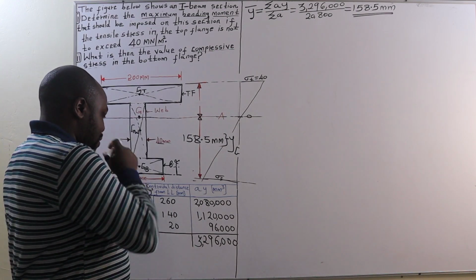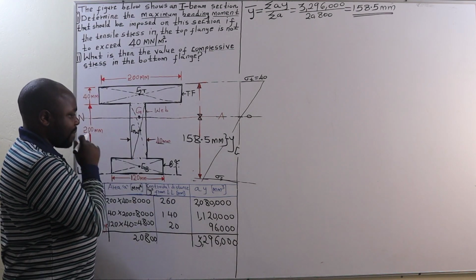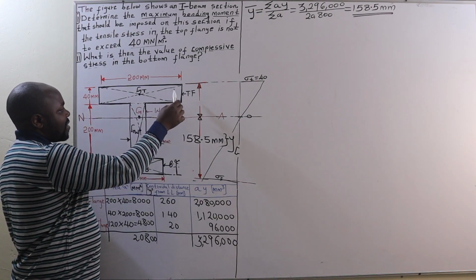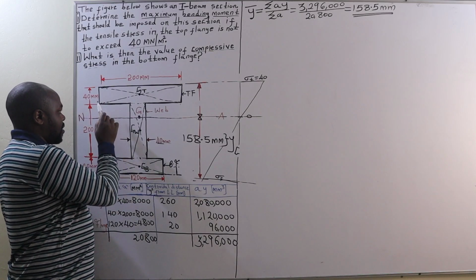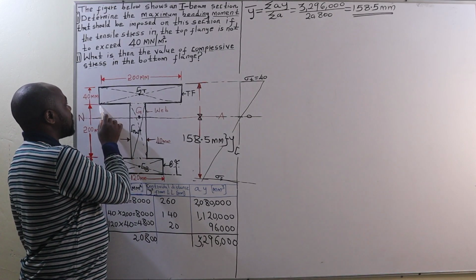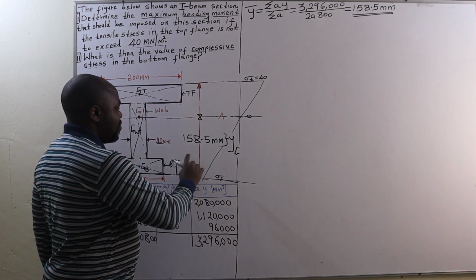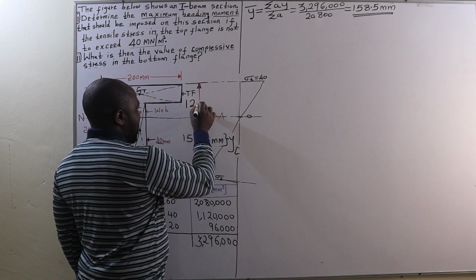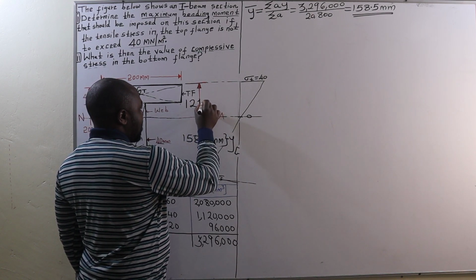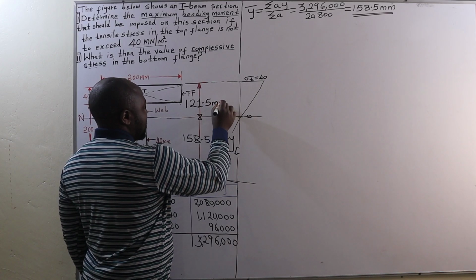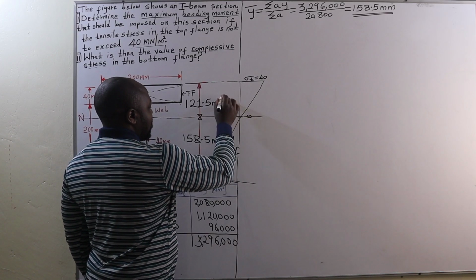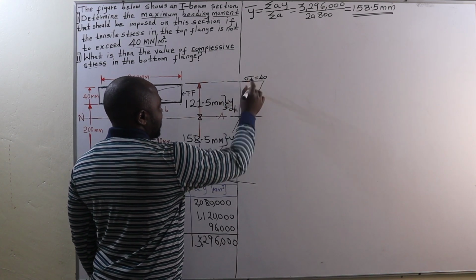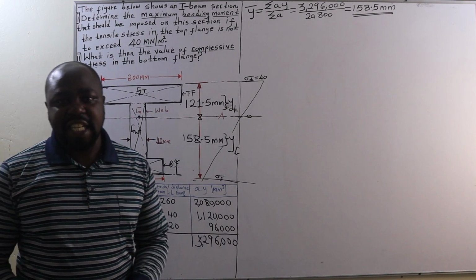So when we subtract 158.5 from the depth of this I-beam section, which is 40 plus 200, 240, 240 plus 40, that is 280, 280 minus 158.5 is 121.5 millimeters. That is the section subjected to tensile stress, so we call it YT.